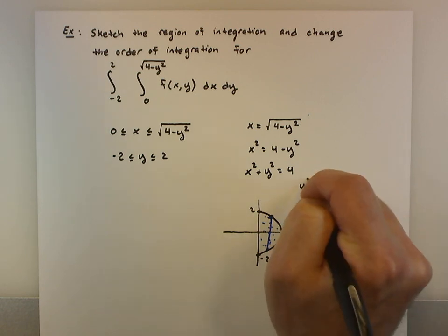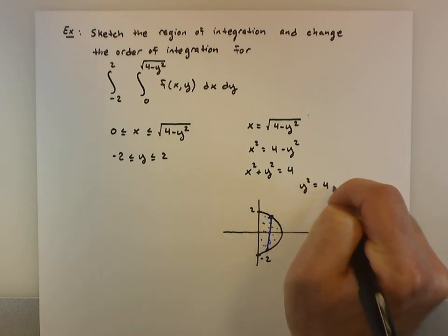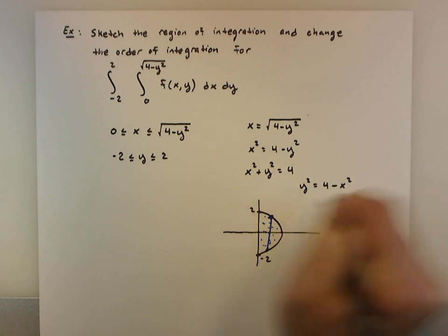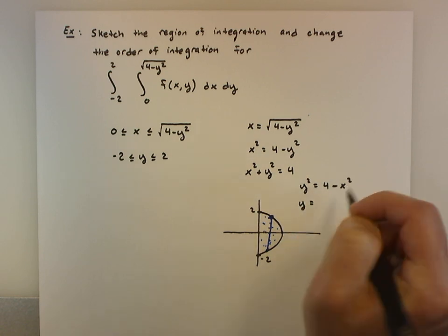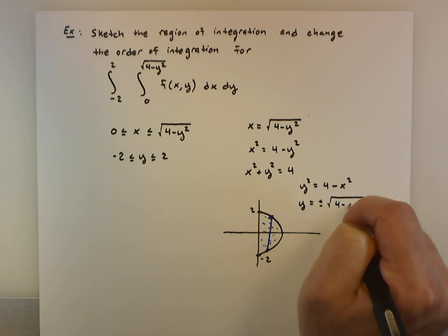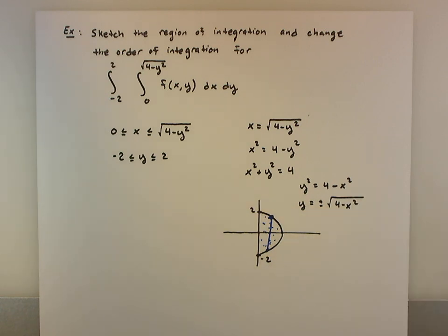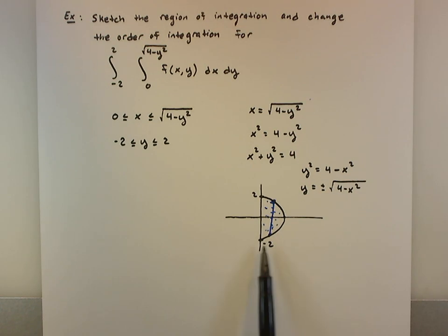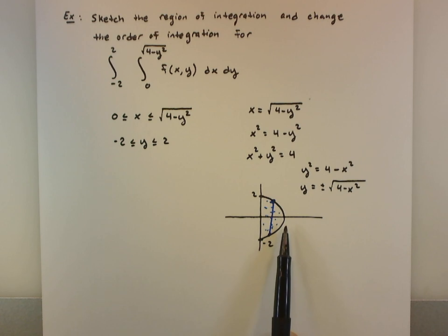So y squared is equal to 4 minus x squared. So y is equal to plus or minus the square root of 4 minus x squared. So this bottom portion is negative root 4 minus x squared. This upper portion is positive root 4 minus x squared.